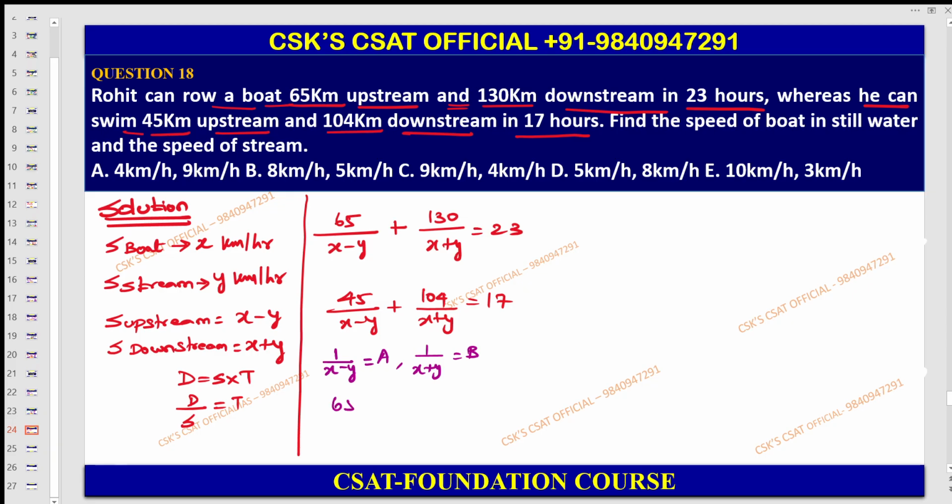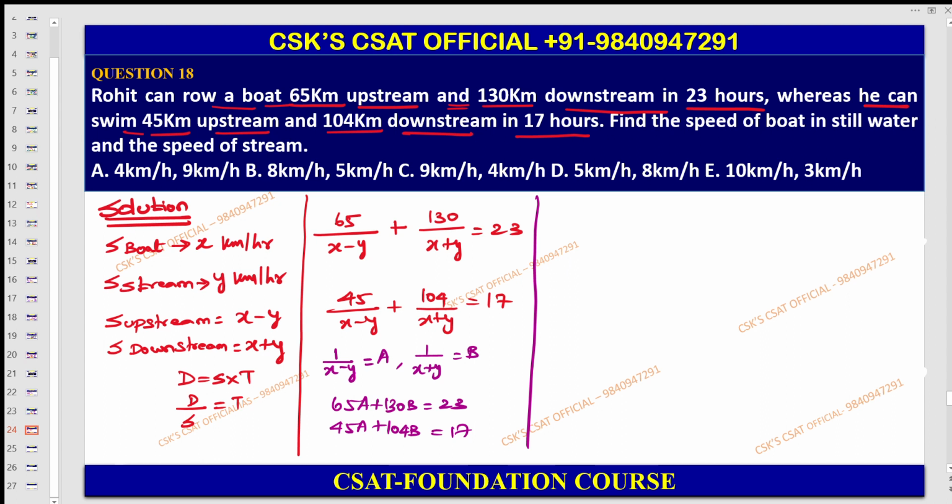Then it becomes 65a plus 130b equal to 23, and 45a plus 104b equal to 17. Now you can apply the cross multiplication method, substitution method, or any method, but it's lengthy: you need to find a, then find b, and substitute again. So it's a lengthy process.